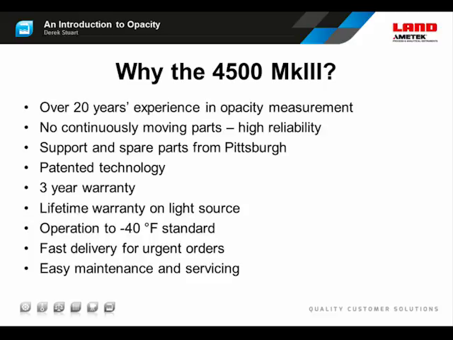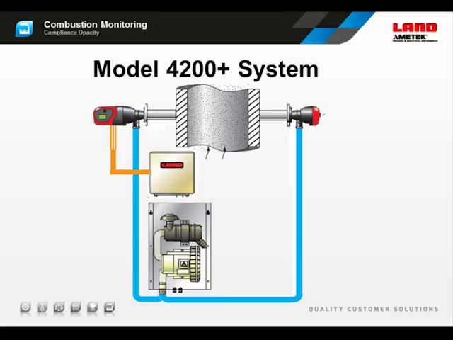Okay, and right at the end, so far I've mainly been talking about the 4500 Mark III, which is certainly our most widely used opacity monitor. But we do also have the 4200 Plus, which is significantly less expensive and simpler. It doesn't meet the requirements for a compliance opacity monitor, but it is really just as accurate as the Mark III under most circumstances, and it's used for non-compliance and process measurements.